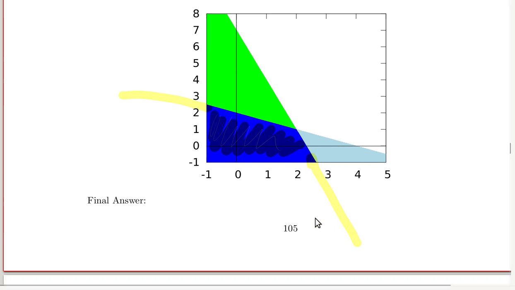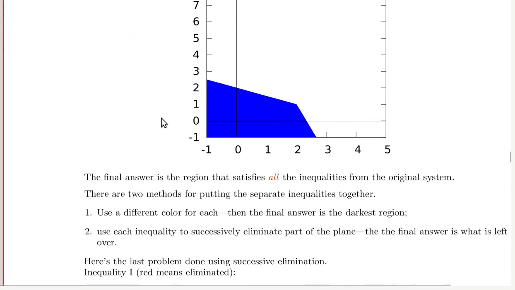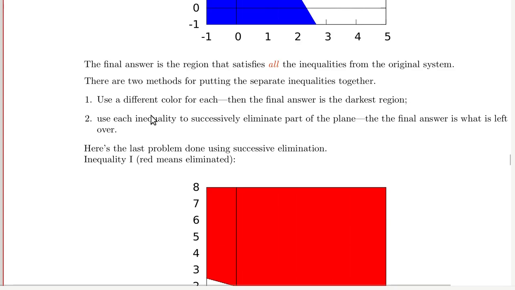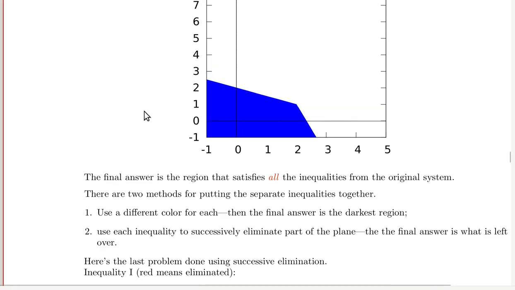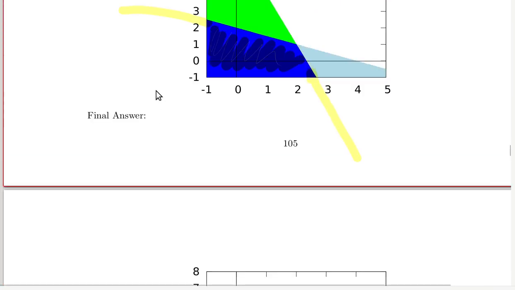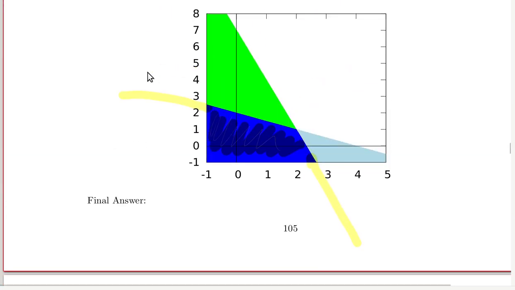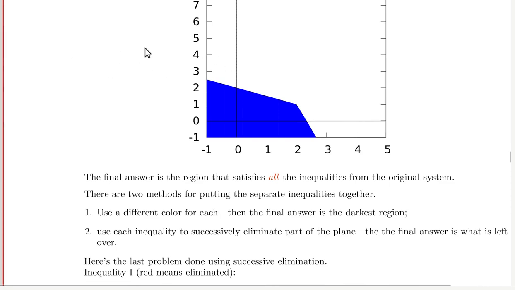However, there are two more inequalities to take into account, two more constraints. Remember that we had the natural constraints. Oh, by the way, here I'm just showing you another way to think about it. You can think of forming the intersection of two sets. You can also think of it as excluding both regions.